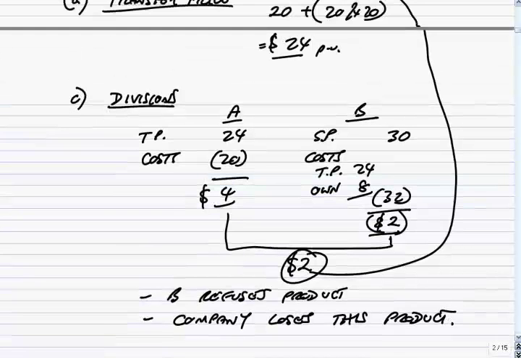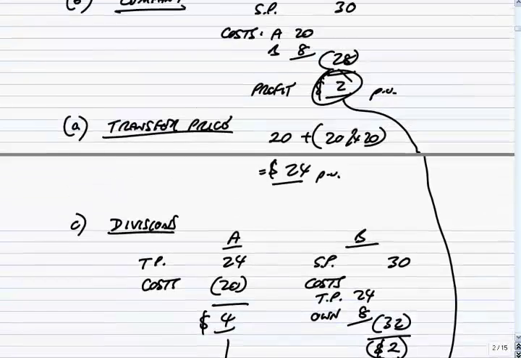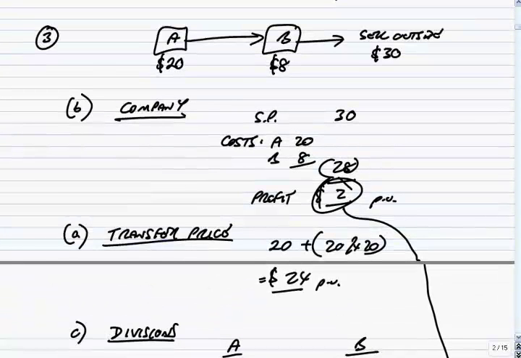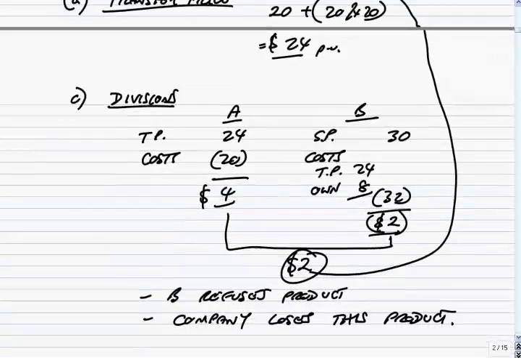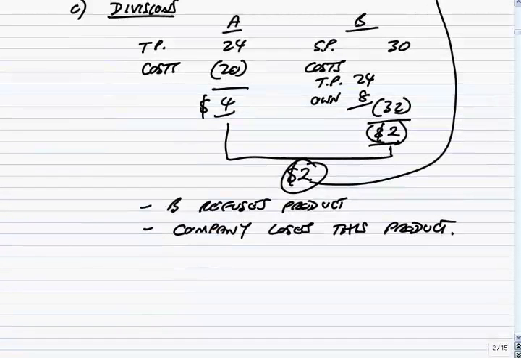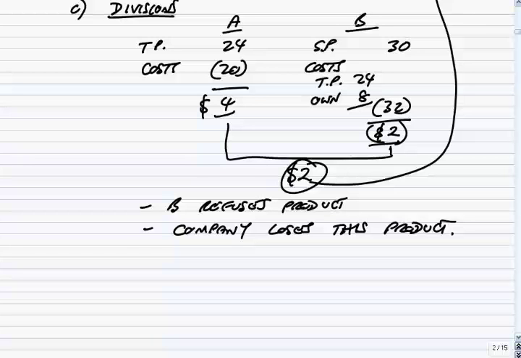But of course, we know that the product is good for the company. Overall, the company makes a profit of $2. The company wants the product. But the danger is, if we allow a transfer price that results in either manager making a loss, the managers will decide not to do it, and the company will lose it.